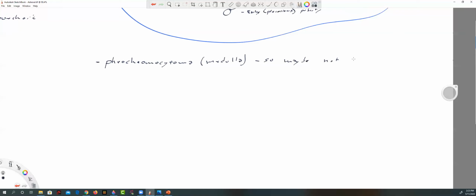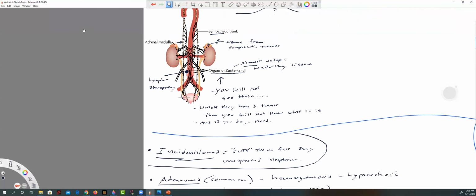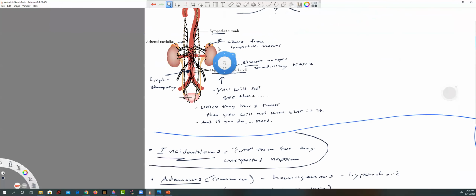So maybe not in the adrenal. Pheochromocytomas could happen in the, oh God, what were those, I can't remember what they were called, organs of Zuckerkandl, or they could actually occur in a number of places along the sympathetic trunk, because these are all the same types of tissues that you find in the sympathetic nerves of the medulla.